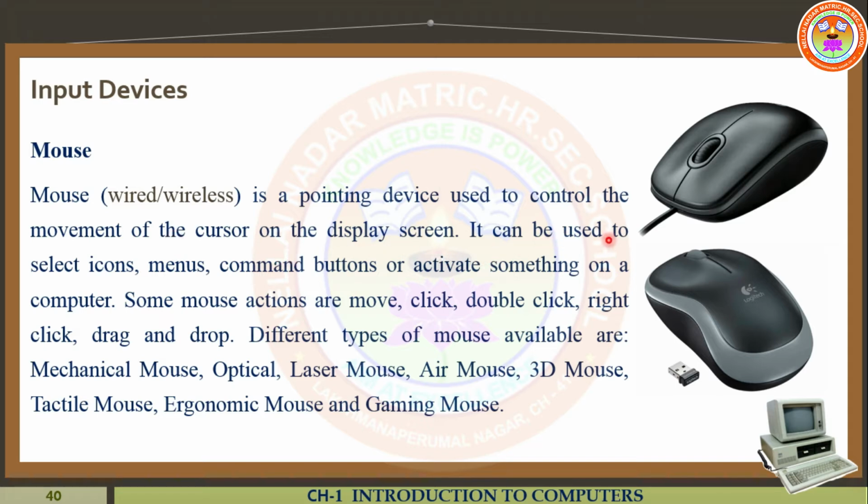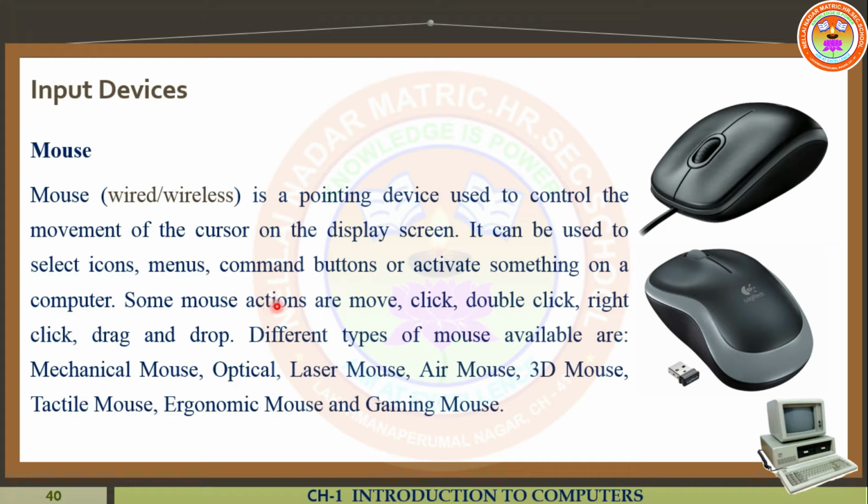The mouse is also used to select icons, menus, command buttons, or activate something on a computer. If you want to do any action in the computer, we must use the mouse, because it is a pointing device.